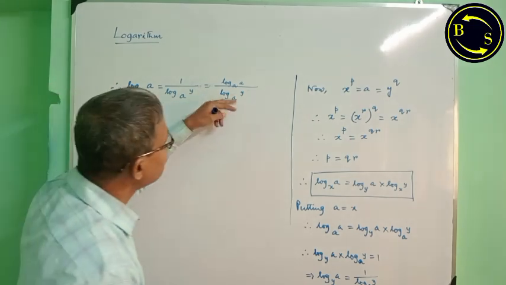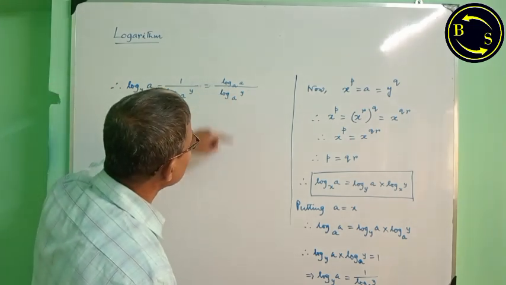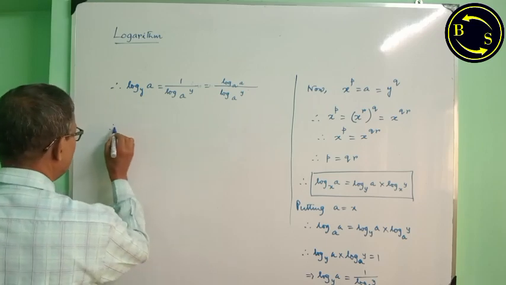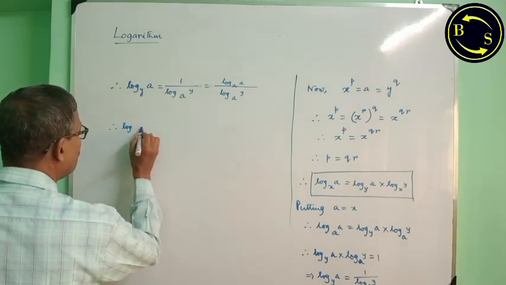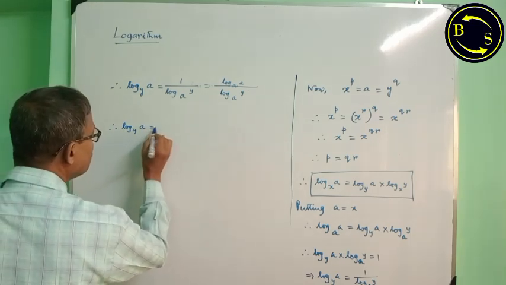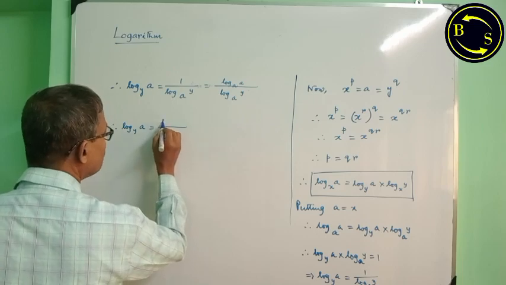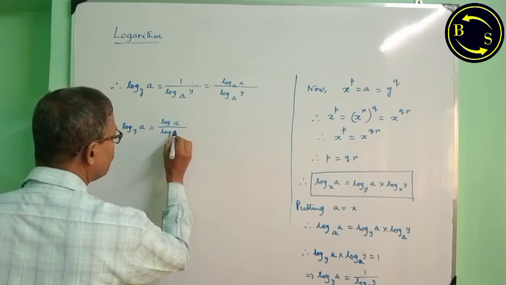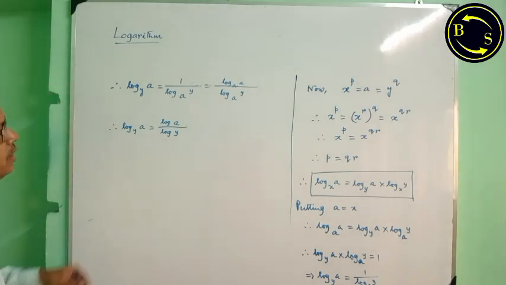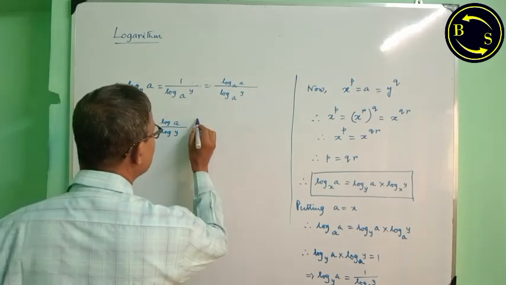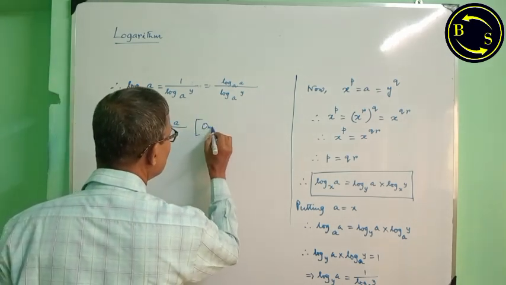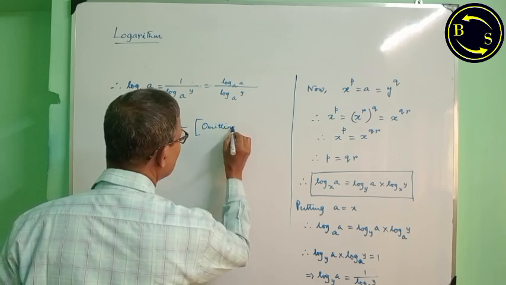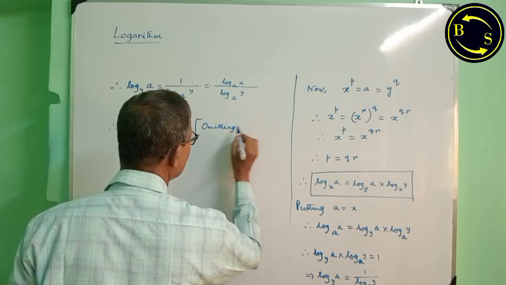Now if we omit these bases which is common, therefore log of a to the base y is equal to log a by log y. Here we have omitted the base a.